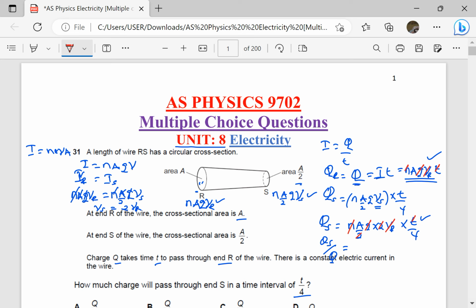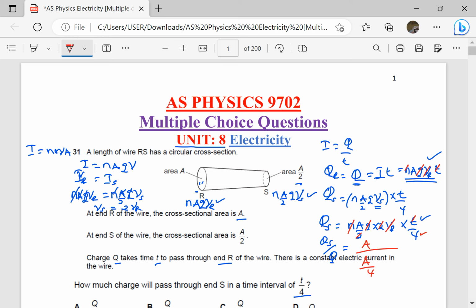So we have remained here with A, which I have maintained deliberately, divided by, this side we have A divided by this 4 here, so that is A over 4.